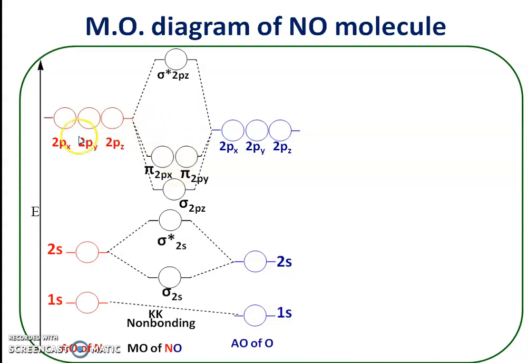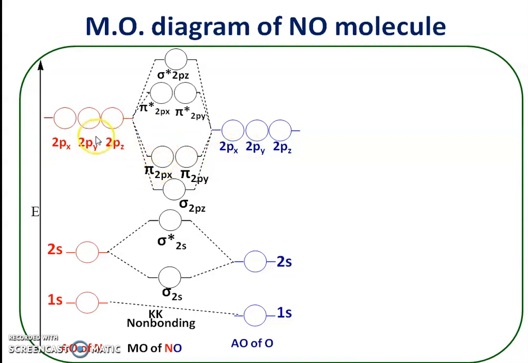In phase combination between 2px and 2py atomic orbitals of nitrogen and oxygen respectively results in the formation of bonding orbitals, that is pi 2px and pi 2py, because there is a lateral overlapping between the 2px and 2py orbitals.